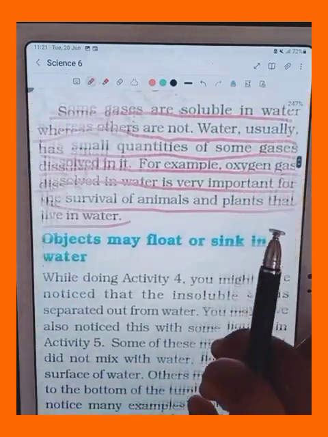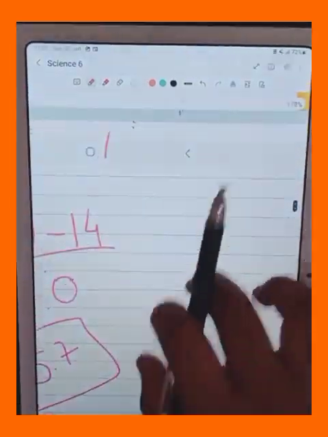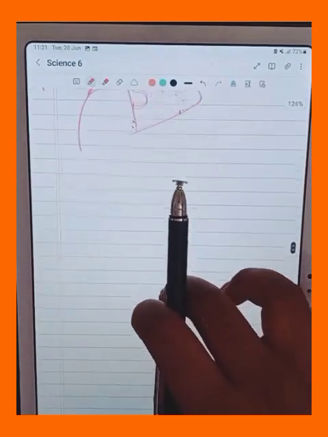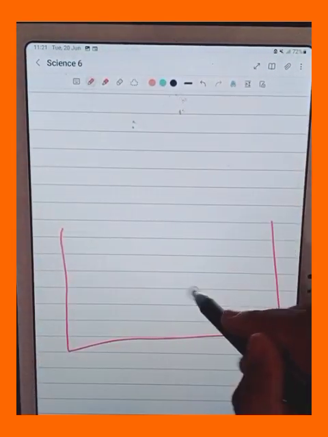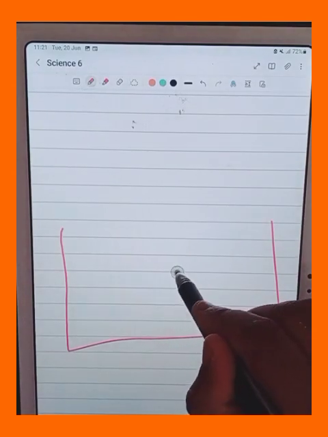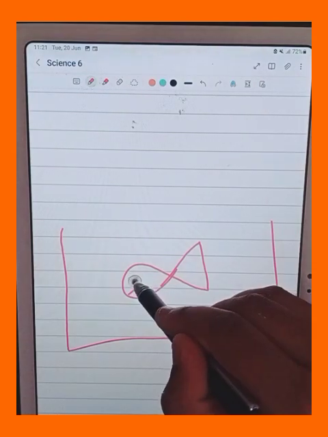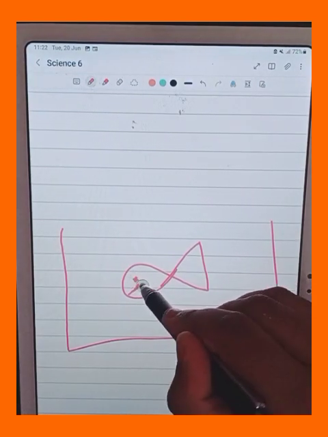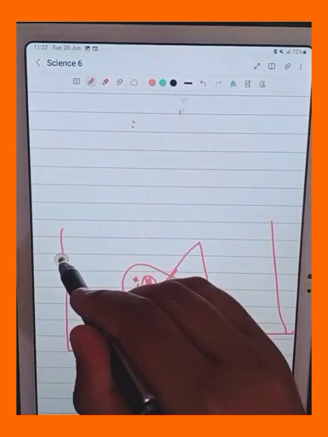So this paragraph says that, for example, you are wondering how fish breathe in the water. For example, this is a tub and you just put a fish in it. It has gills.